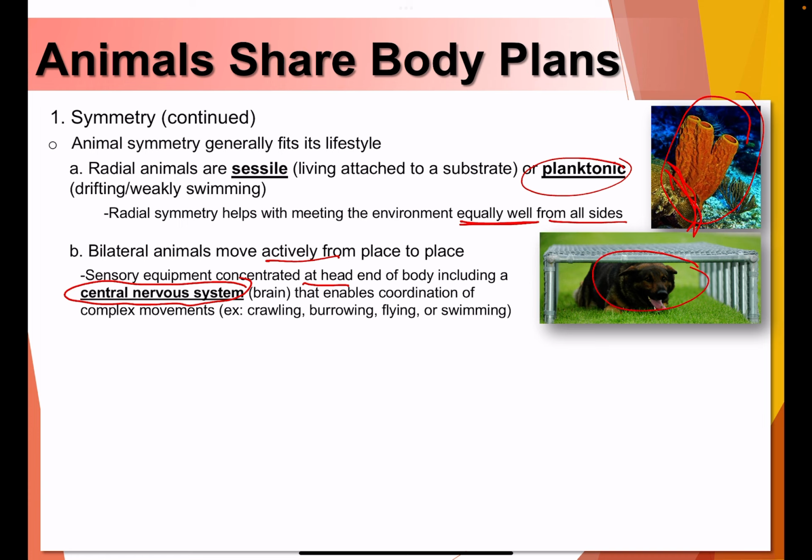For example, if you imagine a dog, there's crawling, burrowing, and animals that fly, like birds. They have to coordinate their wings a specific way to fly properly. And animals that swim have to coordinate their body in a different way.